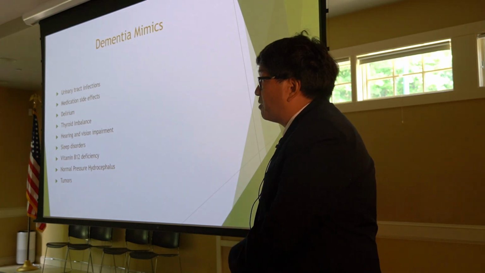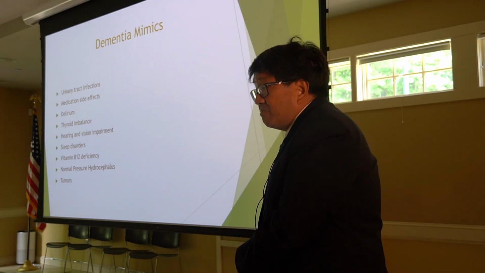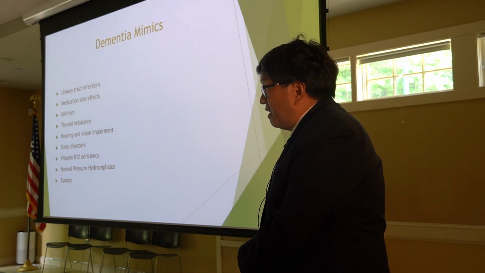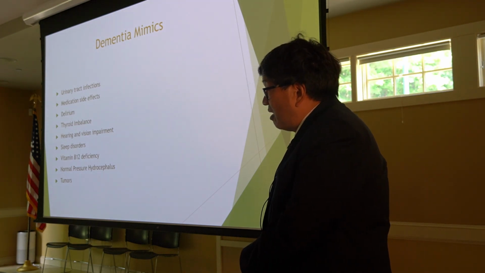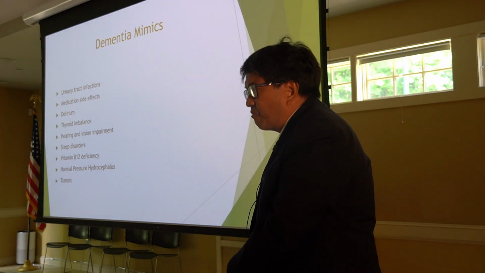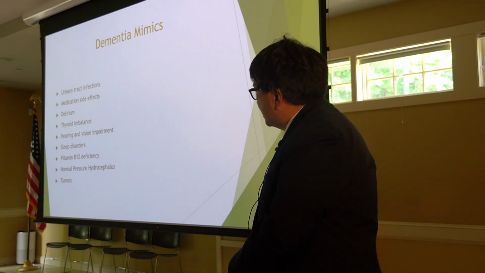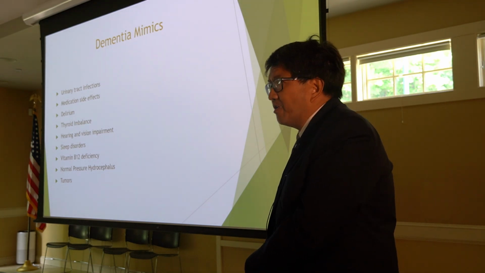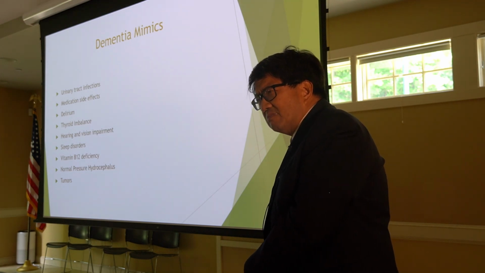I assumed the care of a person from another neurologist, and she had epilepsy and was on medications, and the epilepsy was controlled, but she began to have cognitive problems, and she was diagnosed with dementia, Alzheimer's disease. And I followed her for a couple of years, but then I realized she's not getting any worse.